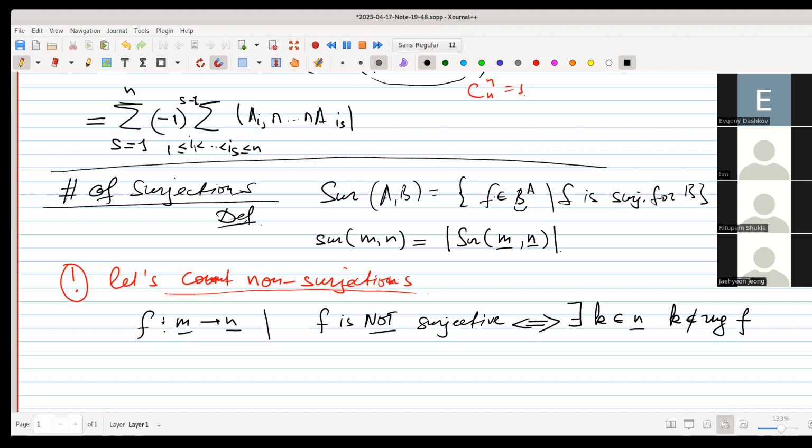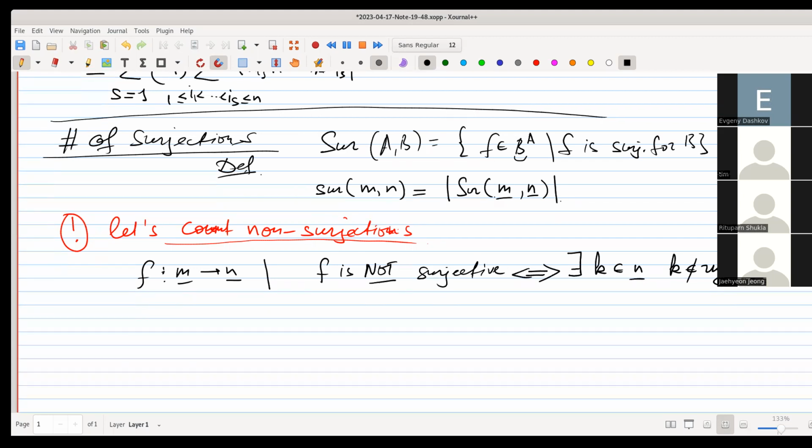Equivalently, either 0 is not a value of our function, or 1 is not a value of our function, and so on up to n minus 1 is not a value of our function.